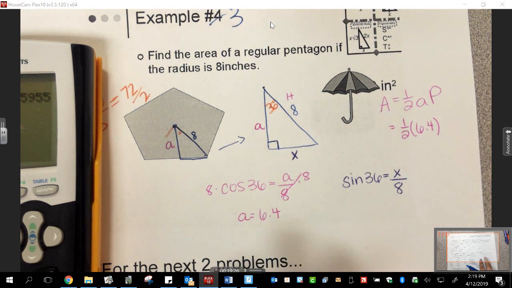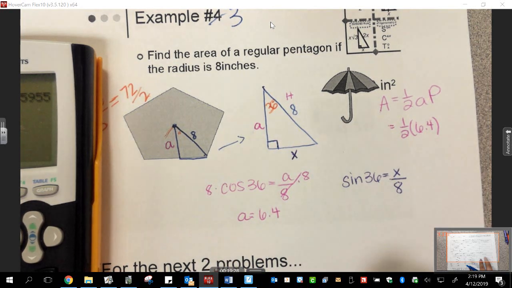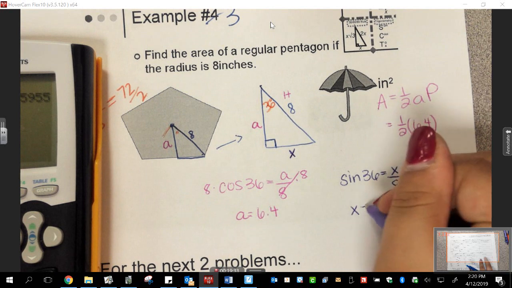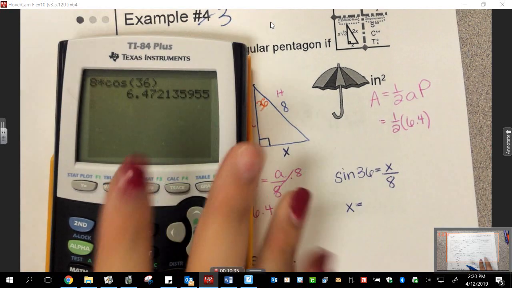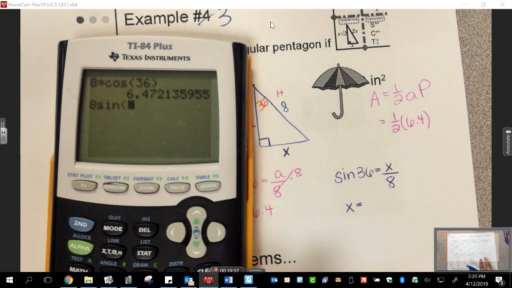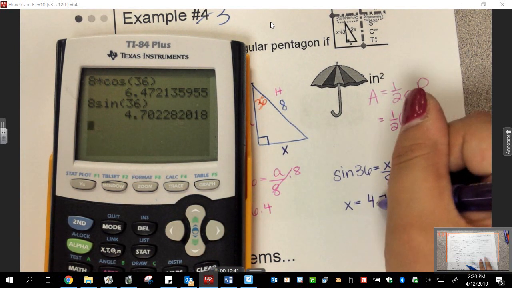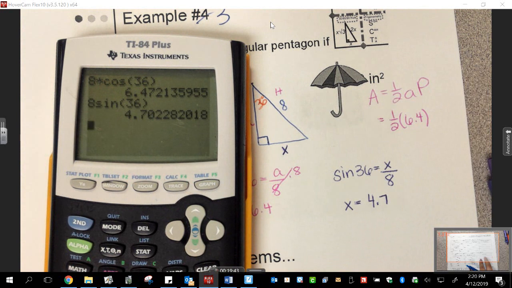You could do Pythagorean theorem, but that would be like a whole nutcase, so I'm just going to do this. What do I do? So I'm going to do 8 sine of 36. And that gives me 4.7. That gives me my perimeter.